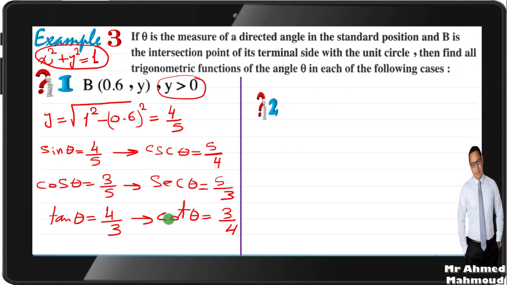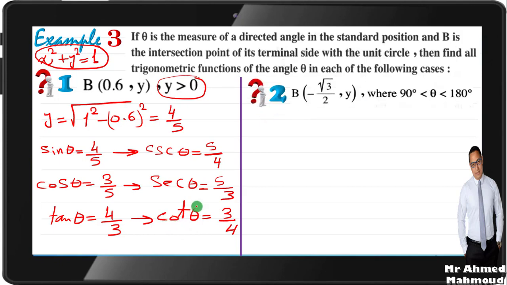Okay, next, B equals negative root 3 over 2 and y, where theta belongs to the second quadrant from 90 to pi. Any point belonging to the second quadrant is negative and positive. So y must be positive. So negative root 3 over 2 all to the power of 2 plus y to the power of 2 equals 1.